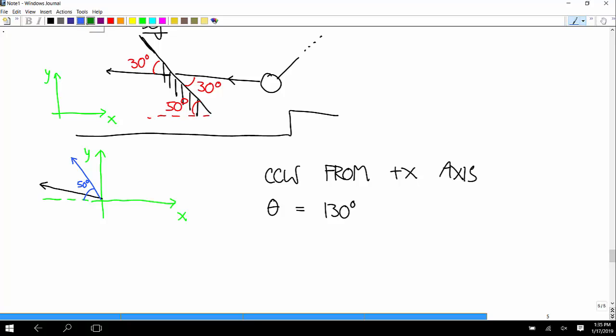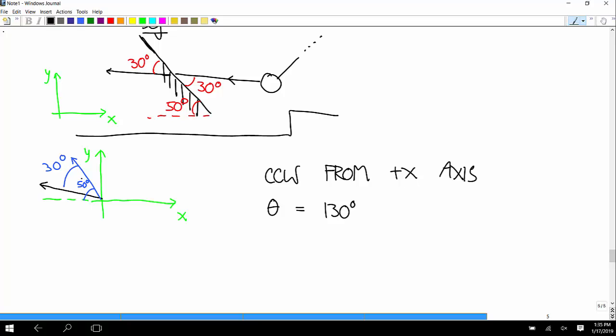And so now we can go from here to here is an angle of 30 degrees. I guess I just drew my angles really badly.